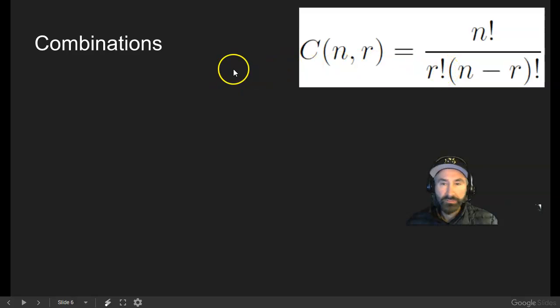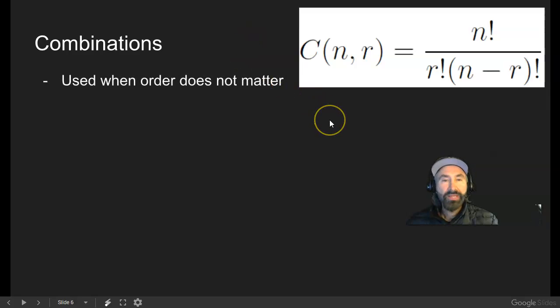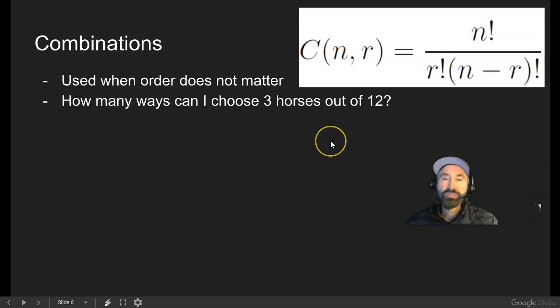So let's learn a little bit more about combinations. Combinations is what we use when order does not matter, as opposed to permutations, which we use when order does matter. Let's take a look at a situation that's similar to the one I described earlier, except slightly different. In this case, we say, how many ways can I choose 3 horses out of 12?